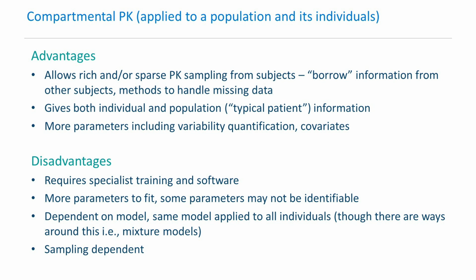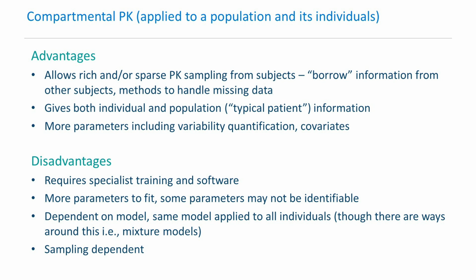Similar to what I spoke about before, it is dependent on the model. Generally, you are applying the same model to all individuals, although within NONMEM, which is the software that most of us use for population PK, there are ways around this, such as mixture models, where you can propose two different models and let the software decide which model each individual belongs to. And to some extent, it's sampling dependent.